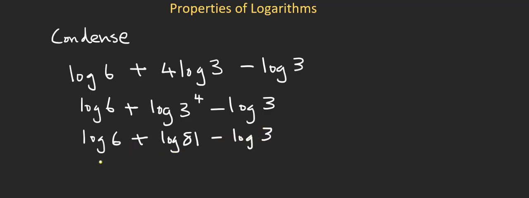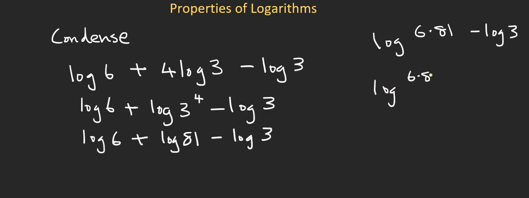Now, we could use these two as a product property, so that becomes log of 6 times 81 minus log of 3. Now we could use the quotient property, so log of 6 times 81 over 3.